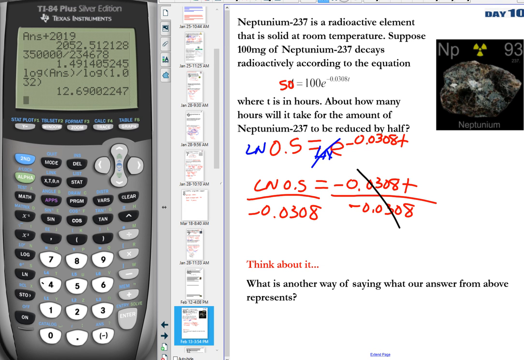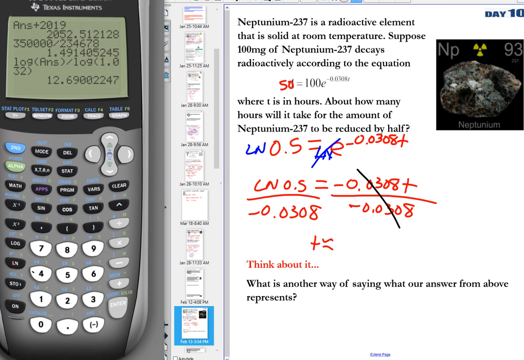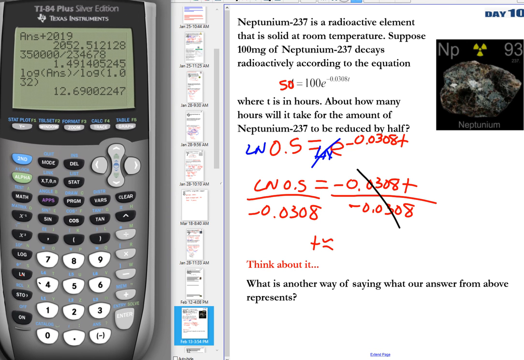You're just dividing to isolate the T. ln of 0.5 divided by negative 0.0308. It's going to take about 22.5 hours.